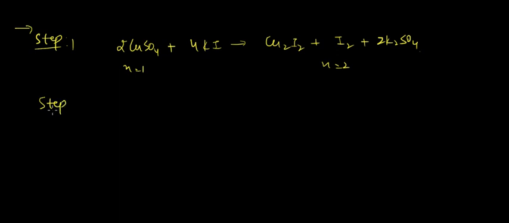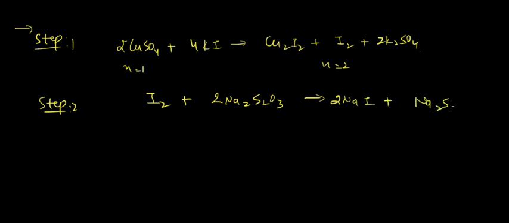Now step 2 is 2 moles of Na2S2O3 reacts with I2 to form 2 moles of NaI and Na2S4O6. Here again the n factor is 2 and the n factor here is 1. These are the two steps which we saw in the previous lecture.